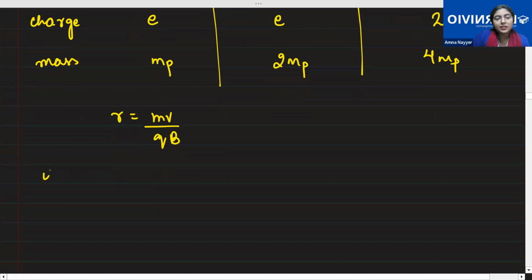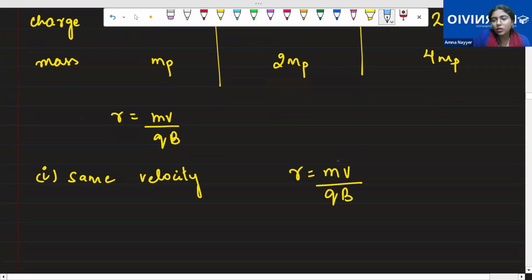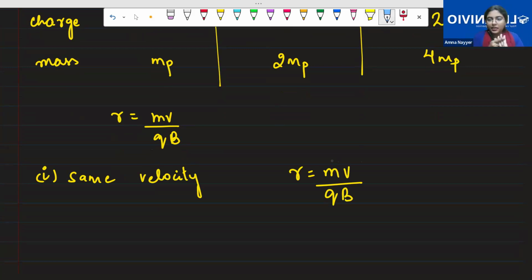First part says if they have the same velocity, which means R is equal to mv by qB. Look, mass is variable here because mass of proton is different, deuteron is different, alpha particle is different. Velocity is the same, because the question stated that the velocity will be the same.